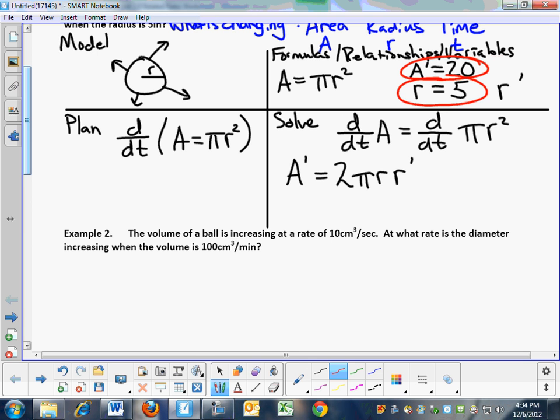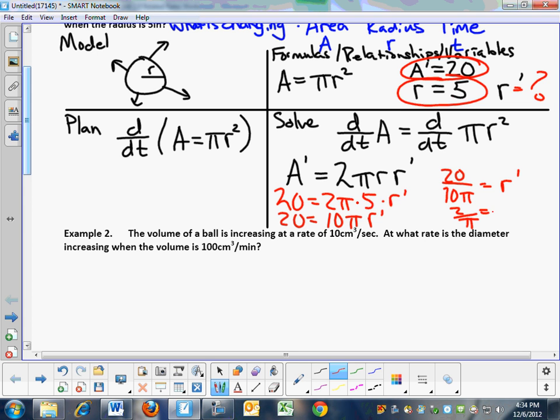R, 5. R prime, we don't know. 20 equals 2 pi times 5 times r prime. 20 equals 10 pi r prime. Divide both sides by 10 pi. 20 over 10 pi equals r prime. 2 over pi equals r prime.